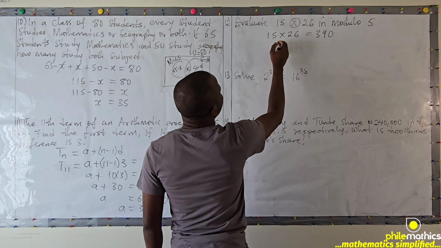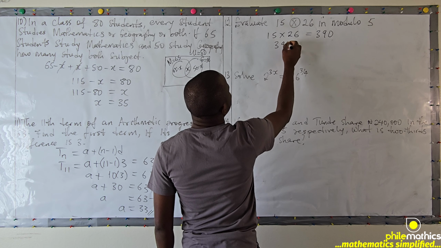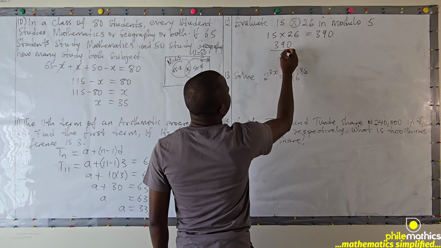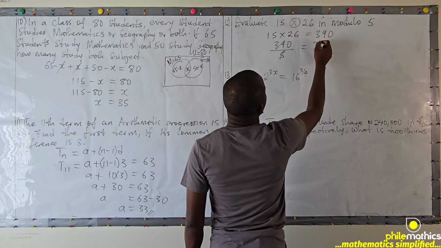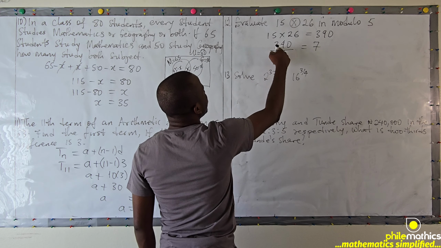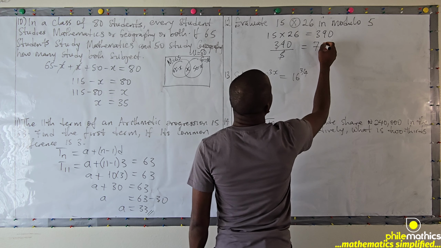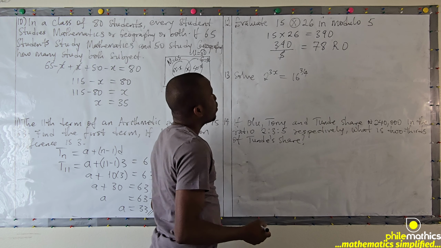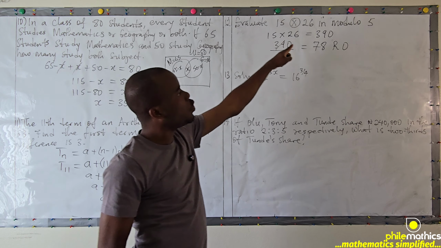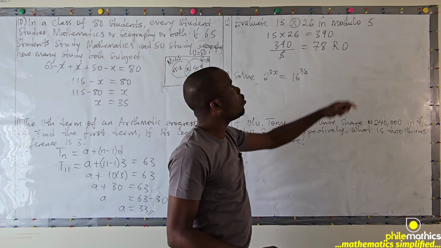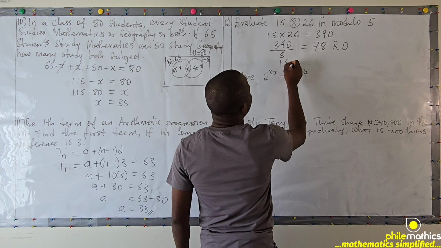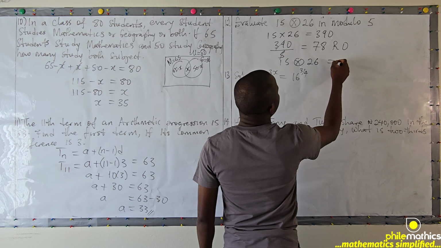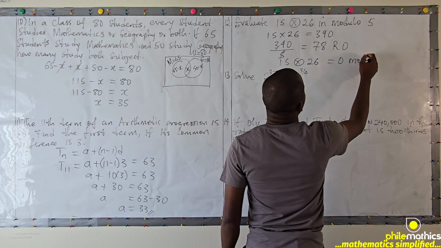And so what we want to do is to divide 390 by 5. 5 into 39 is 7. Into 40 is 8. So there's no remainder. Since there's no remainder, 15 times 26 in modulo 5 is 0 mod 5.